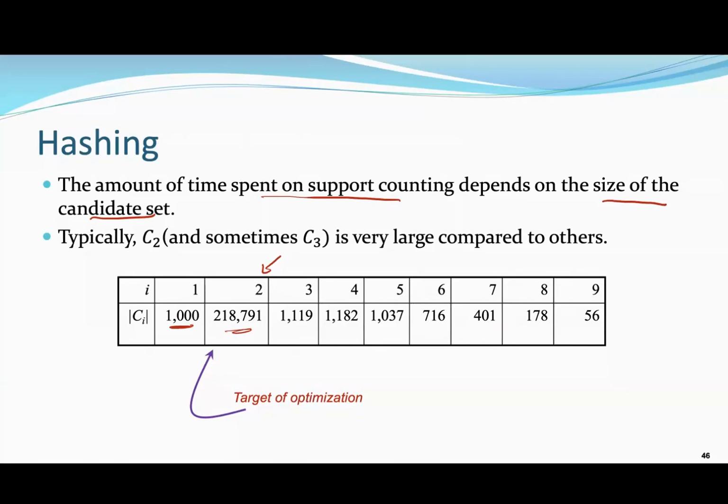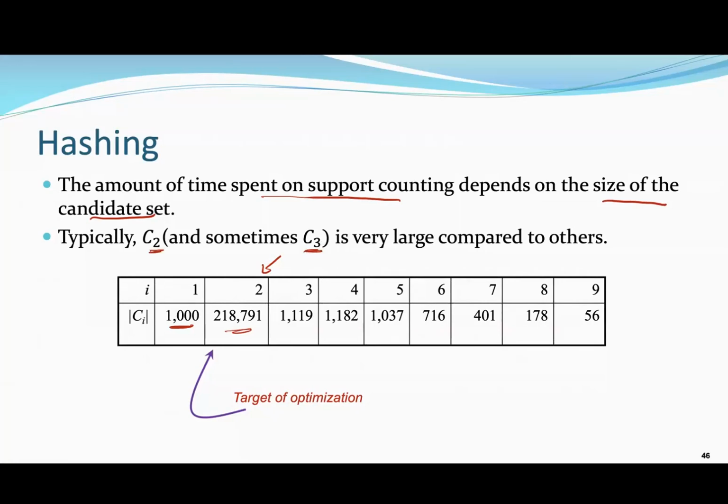In practice, we looked at different cases across different applications, and we find that, at least from the example applications that we tried, typically C2 and sometimes C3 are very large compared to the candidate set size in the other iterations.